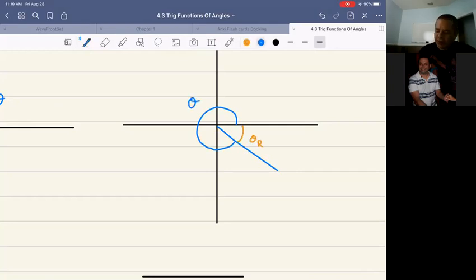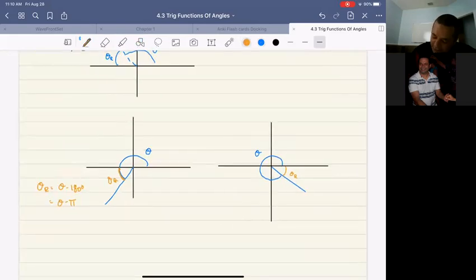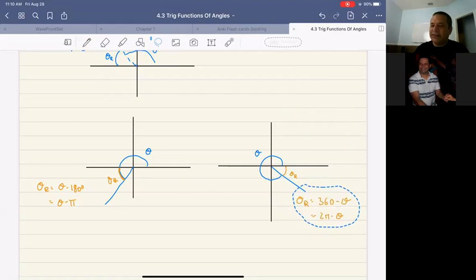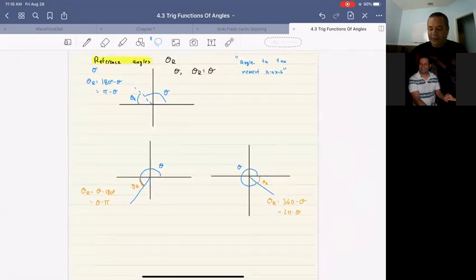So there, theta r is 360 minus theta or 2 pi minus theta. Now I'm not really into memorizing formulas, and I don't think that you should memorize these formulas because they should just hopefully make sense to you. Rather than memorizing them, try to understand where these formulas come from.